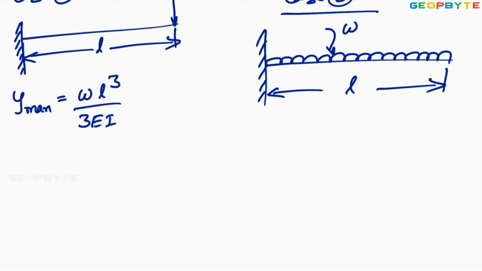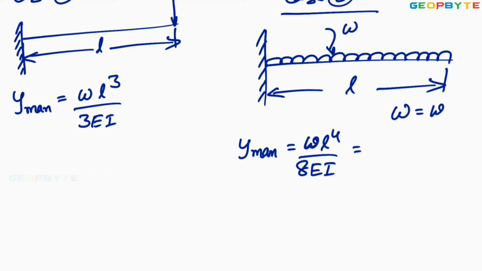Now the maximum deflection at the free end equal to small w L power 4 by 8EI. But in terms of point load, capital W is equal to UDL multiplied by UDL distance. Therefore it can be written as W into L cube by 8EI.